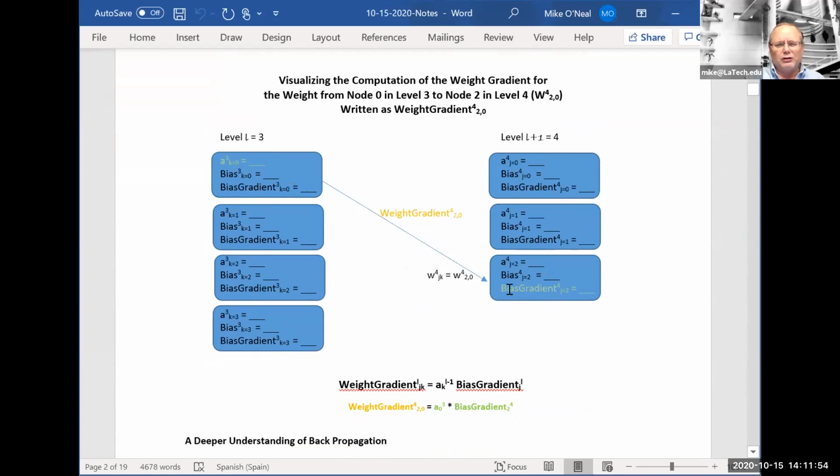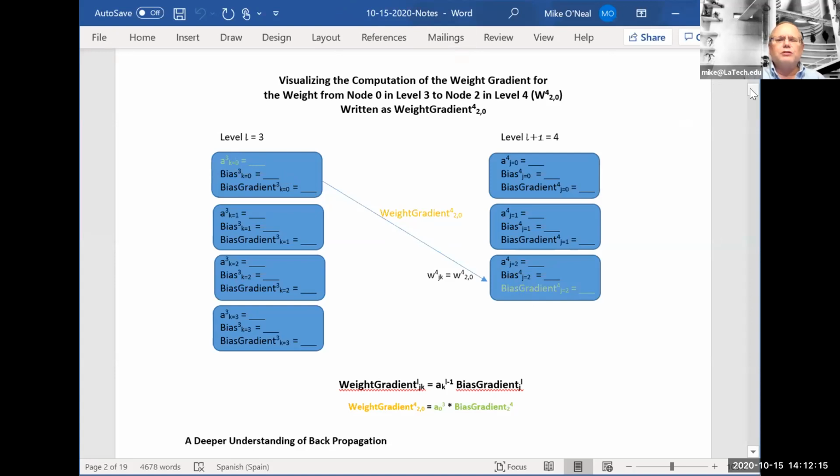We're going from here to here. So the output here times the error here will give me the weight gradient for this weight here. So it's very simple. Okay.